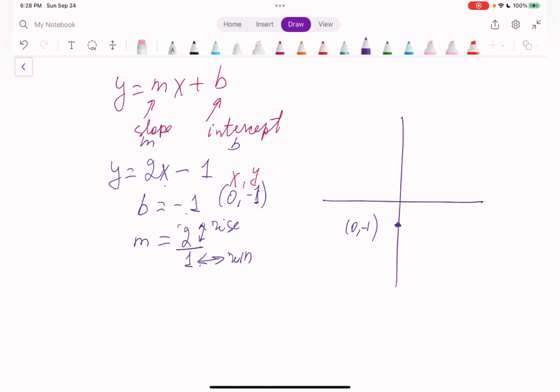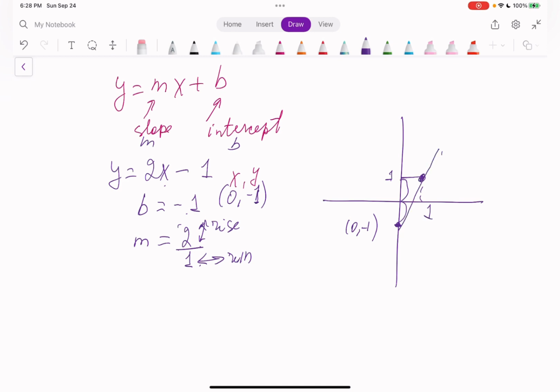And then see this slope, 2 is my rise. I'm going up by 2, 1 and 2, it's getting positive 1, right? And then positive 1 is running. So positive 1 is my x running this way. Here is positive 1. And this is my second point.